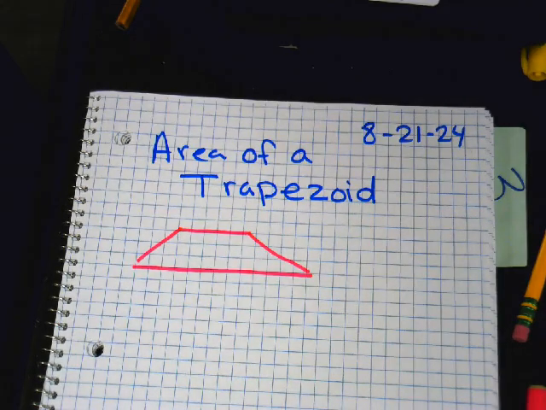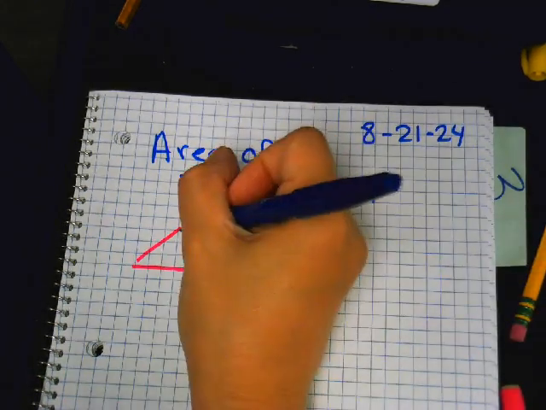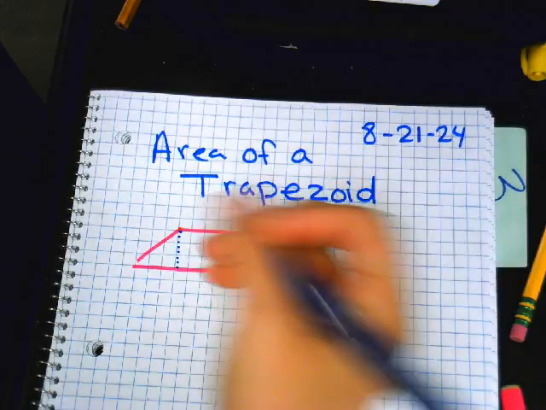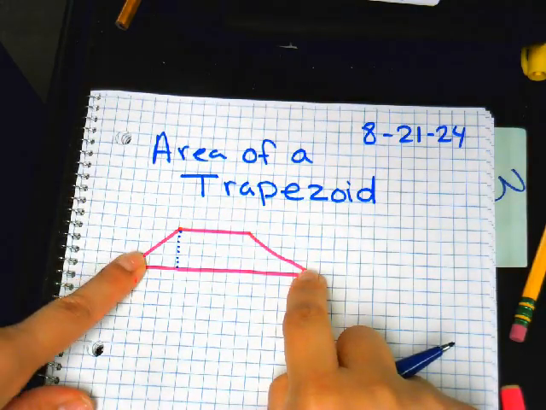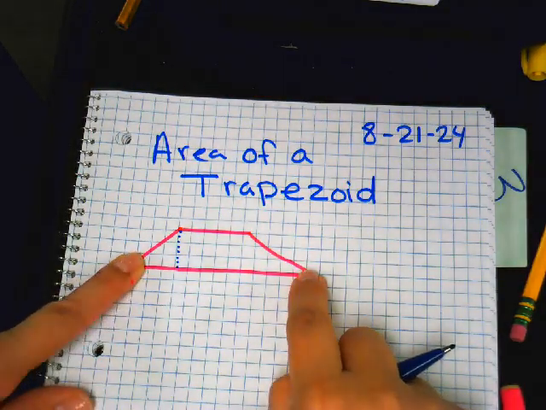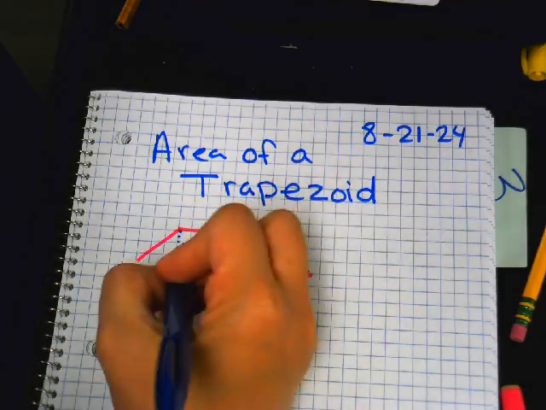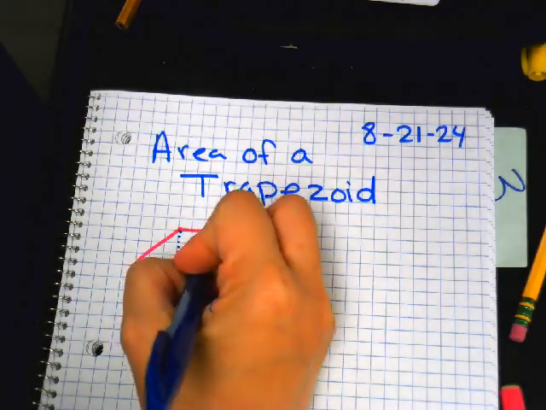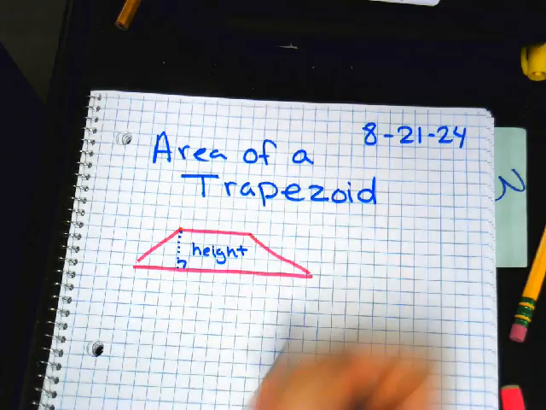Where's my height? Right in the middle. Can I use these sides? No, because they're slanted. So this is your height.